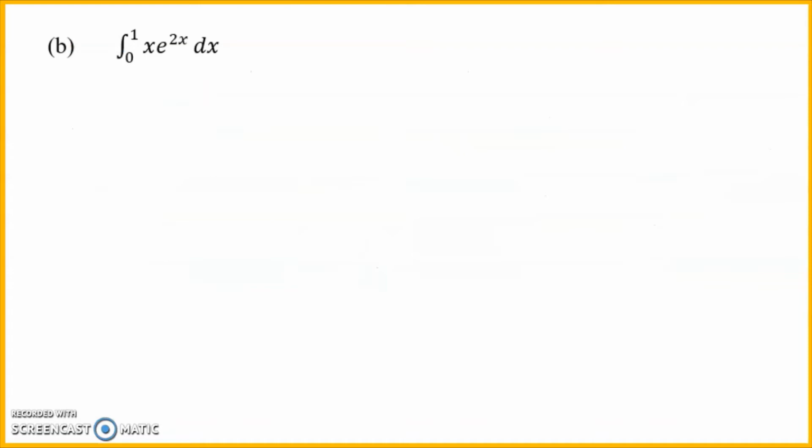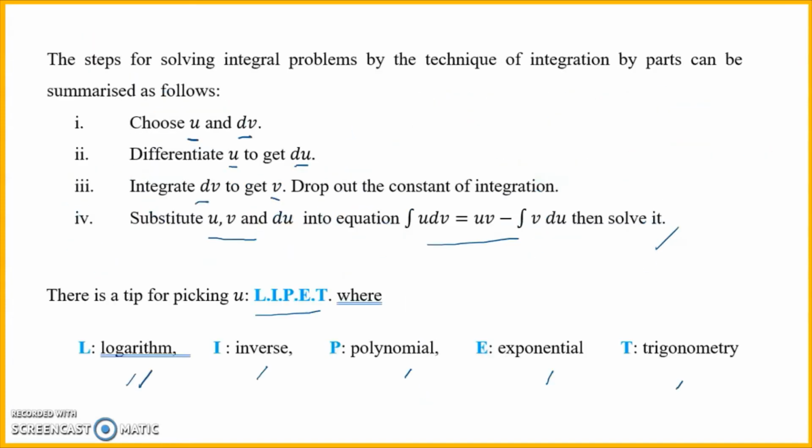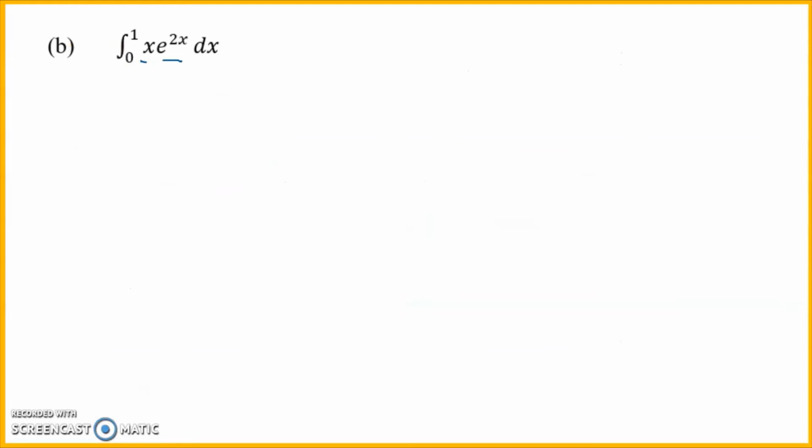In the next case, we're going to solve a definite integral, where we have a polynomial and an exponential function. So we can see the polynomial comes before the exponential, so u will be the polynomial function. In this case, I will keep u as x and dv as e to the 2x dx.